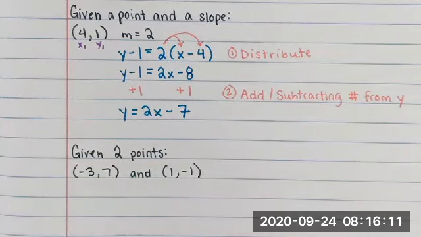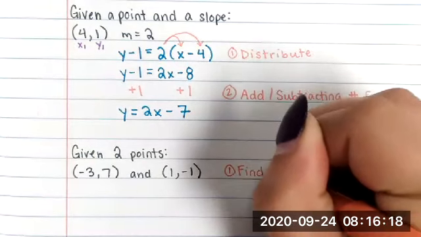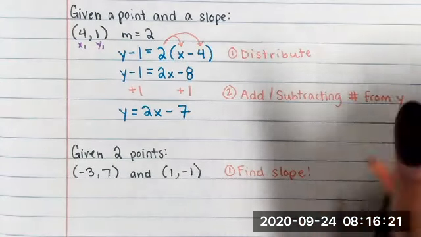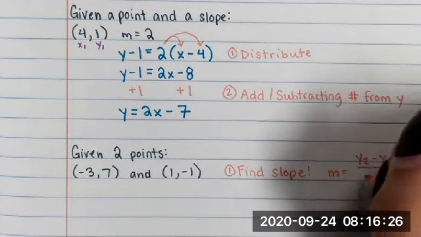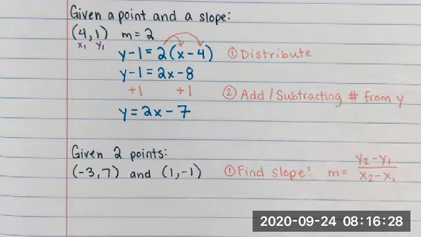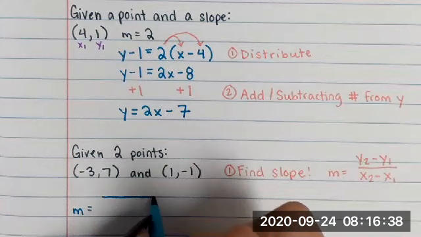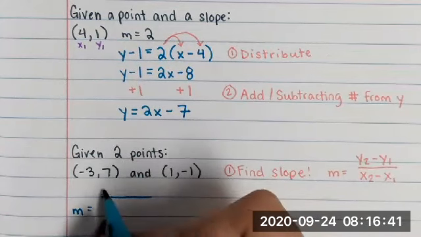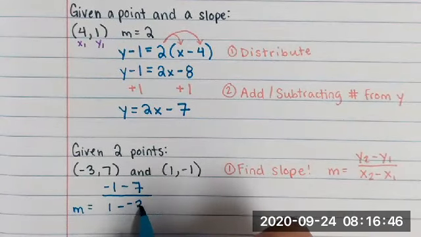So if we have these 2 points, we need to find the slope between them. And let's remember that that is y2 minus y1 over x2 minus x1. I'm going to go ahead and do that formula, y2 minus y1 over x2 minus x1.